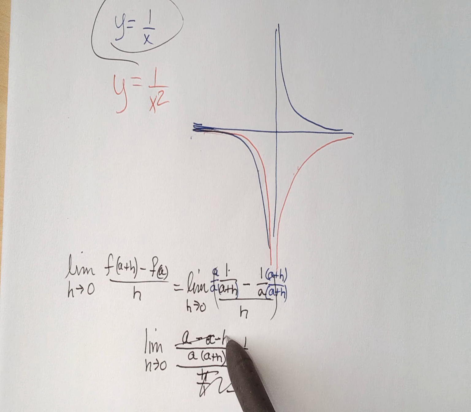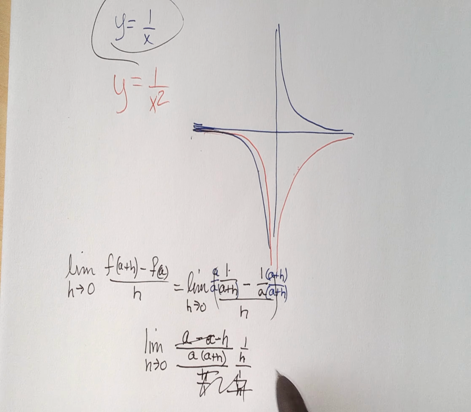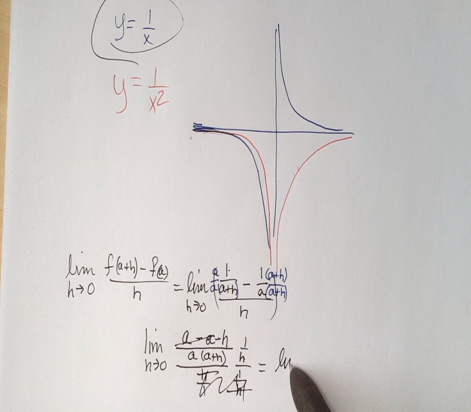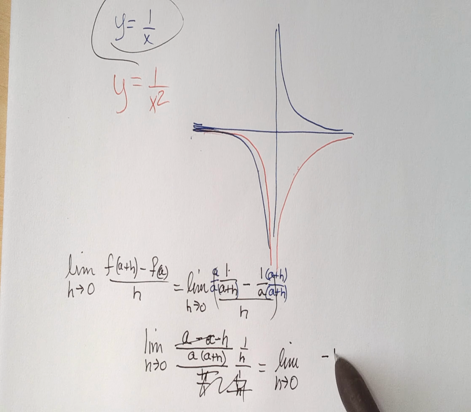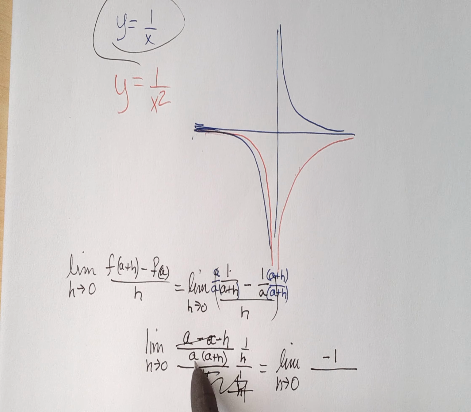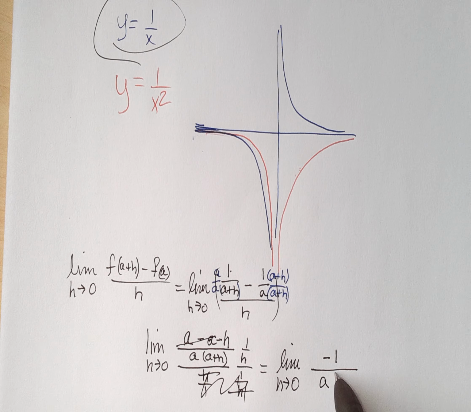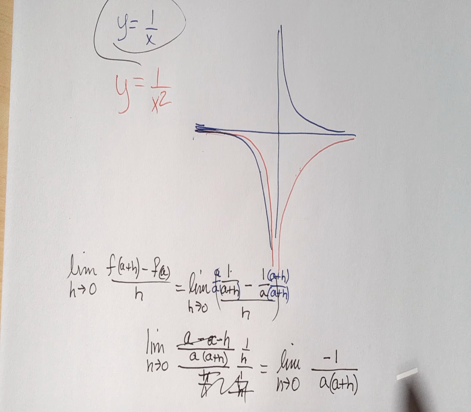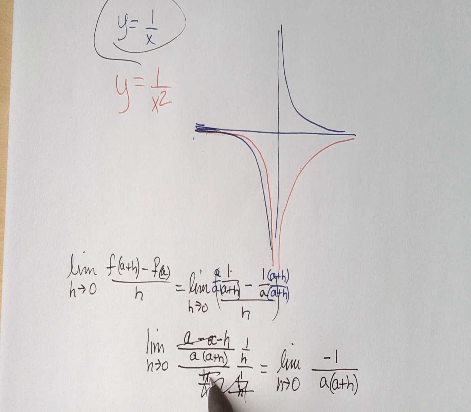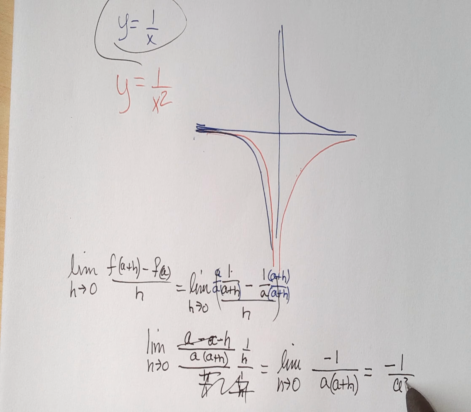So I have negative h divided by h, which is negative 1 over my common denominator, which is a times a plus h. Now, I got rid of that devil-y thing. It canceled out right here. So now I can put in 0 for the h, and I get minus 1 over a squared.